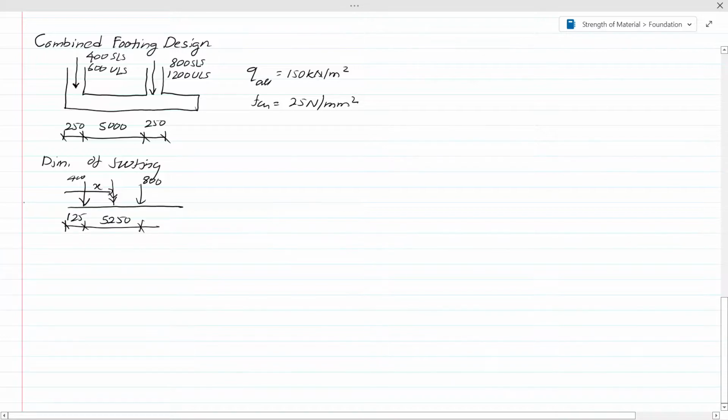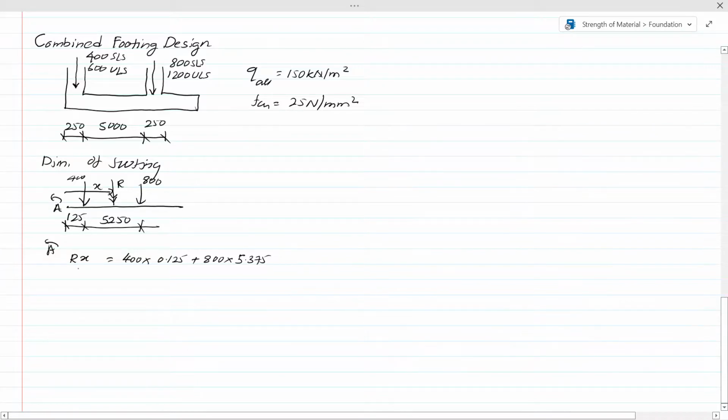Now we take moment about point A. Then we can write the resultant R into X equals 400 into 0.125 plus 800 into 5250 plus 125, that is 5375.